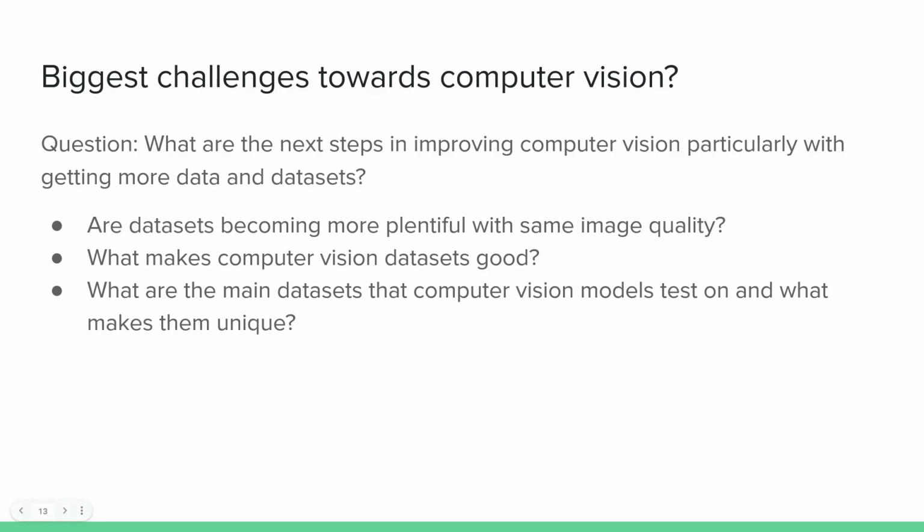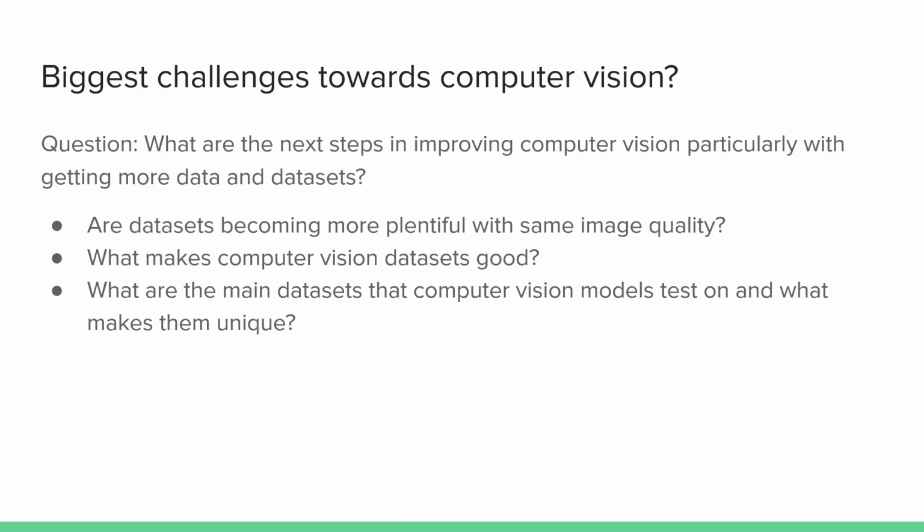So, what are the biggest challenges towards computer vision? When looking into research topics for this semester, I know I want to focus on computer vision. When looking into topics for this specific presentation, when I saw a paper about image quality assessments, this is something that really caught my eye.